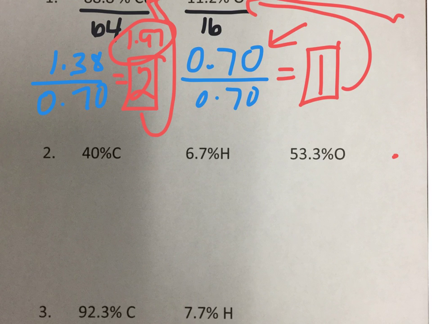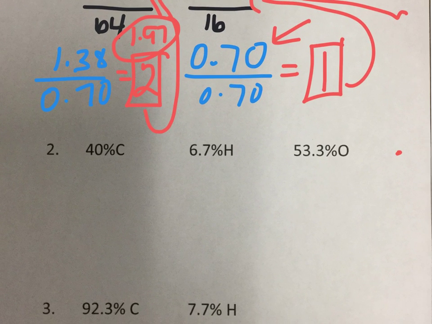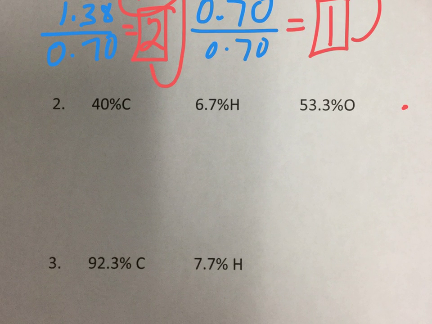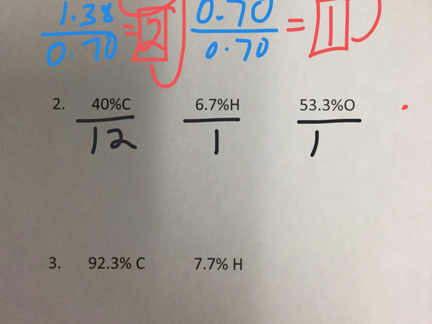Okay, let's go ahead and do this second problem. Again, first thing you're going to do is divide by the molar mass. Carbon is 12, hydrogen is 1, oxygen is 16.